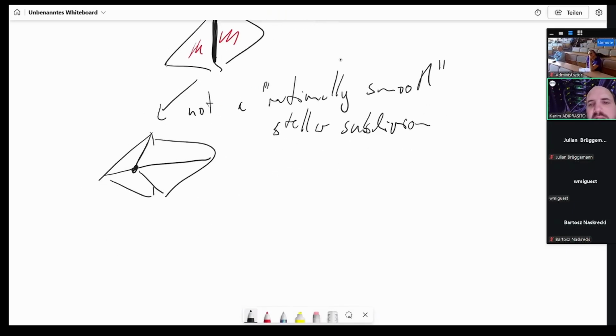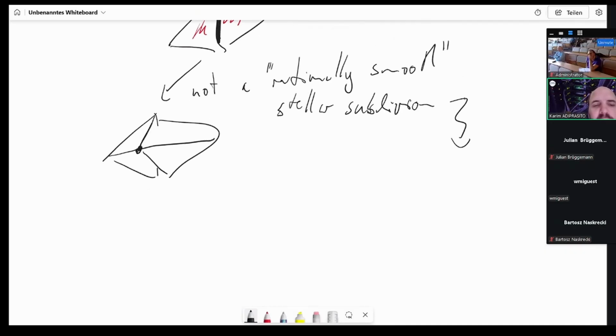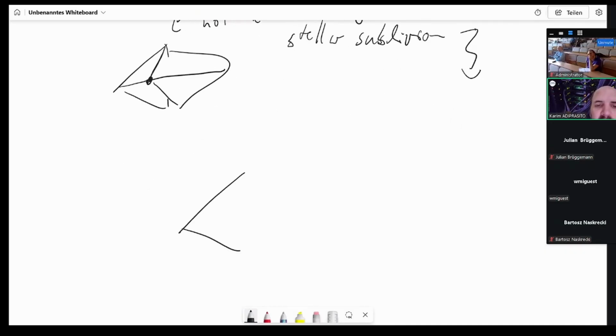This is not good for him, but what Oda basically said is that this new point that I put here should be in the geometric locus of the edge of the simplex that I removed.